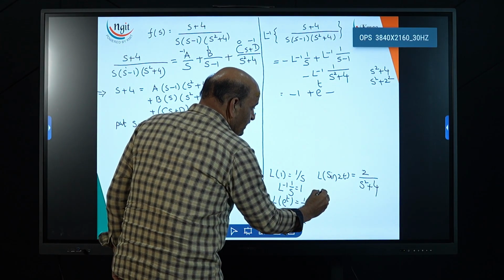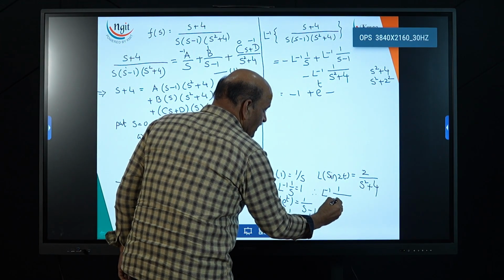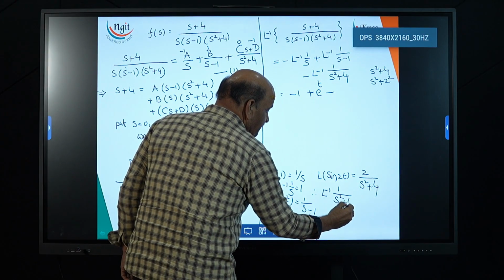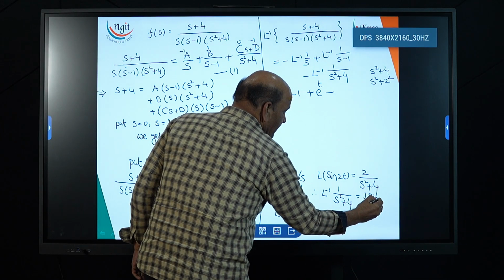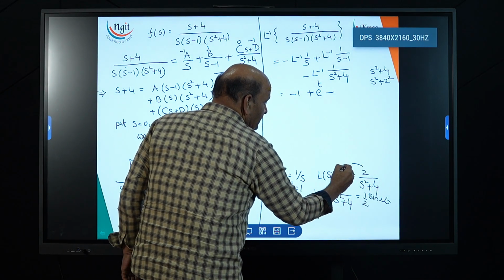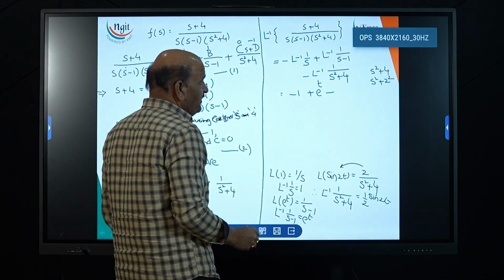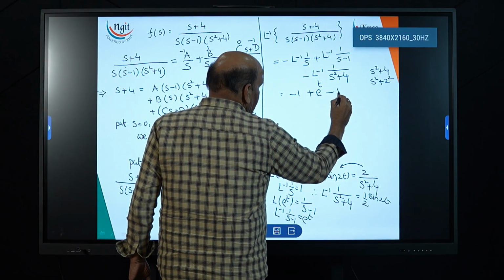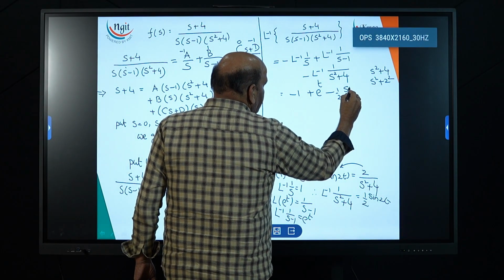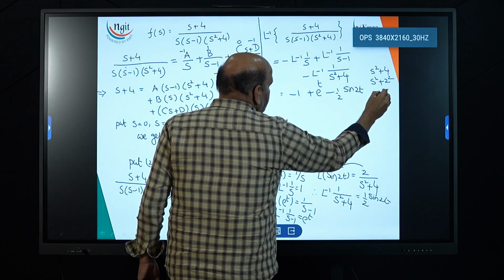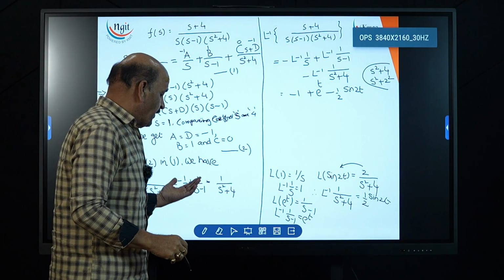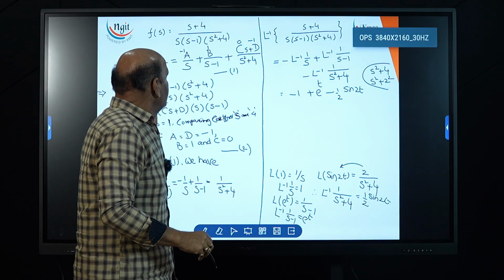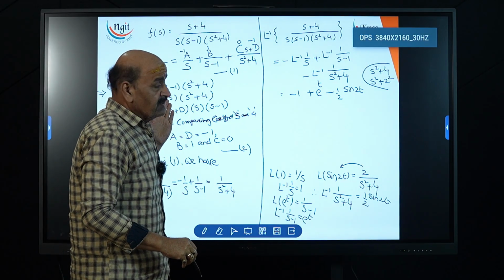Therefore, inverse Laplace transformation of 1 by S square plus 4 equals 1 by 2 sin 2t. Keeping this 2 on this side, it multiplies. Therefore, here in this place, we keep half sin 2t. So this is the output of this inverse Laplace transformation.